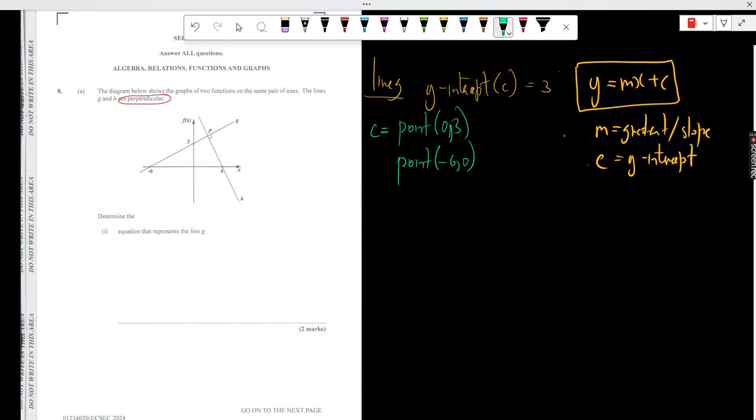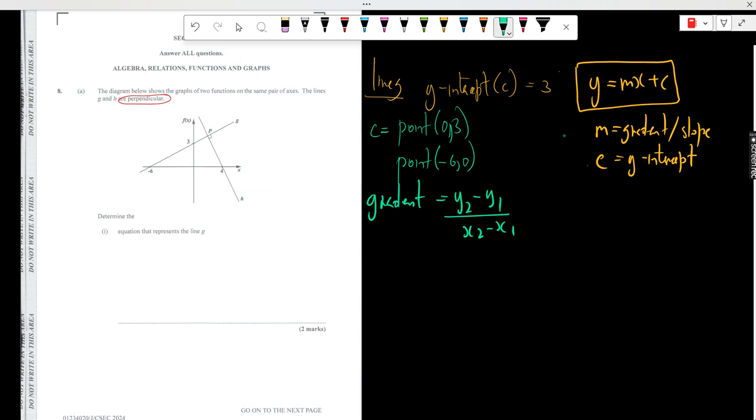Yes, sir. So what do we do with those 2 points? Whenever we have 2 points on a line, what we should basically do is find the gradient of the line. So we're going to say that the gradient of the line G is y2 minus y1 divided by x2 minus x1.